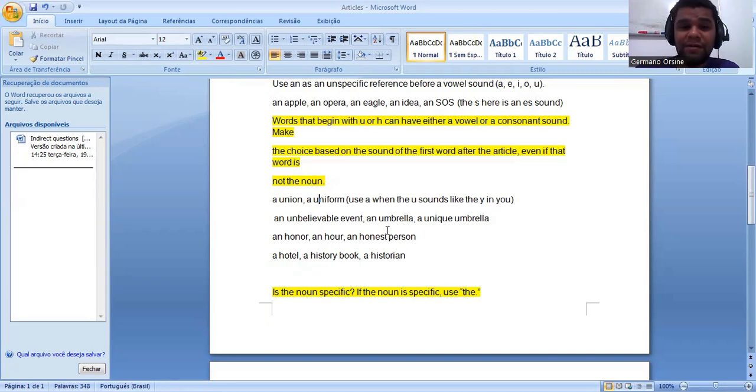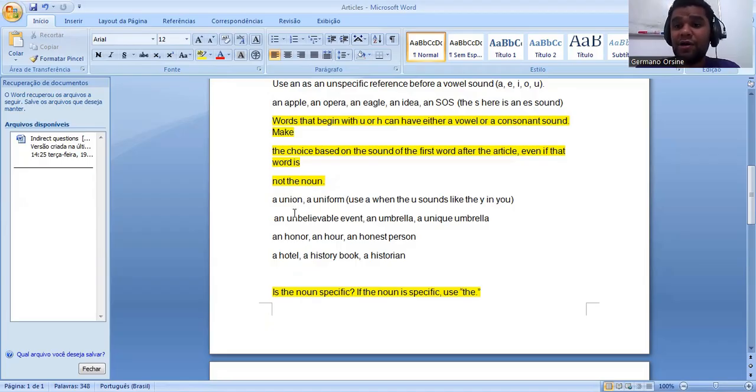University, for example. It is considered a consonant sound. For some reason, it's considered a consonant sound. That's why we have to use a union, a uniform, a university, and so on.